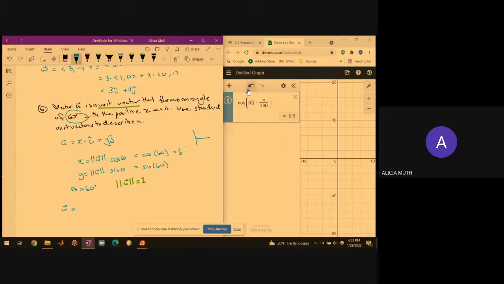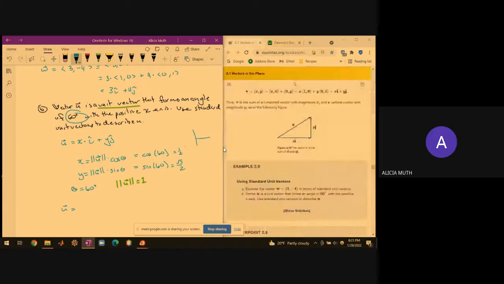And sine of 60 is, I believe, root 3 over 2. Yes. All right. So 1/2 i plus root 3 over 2 j. Go ahead and check our answer.